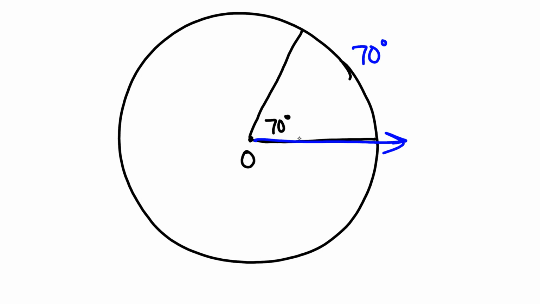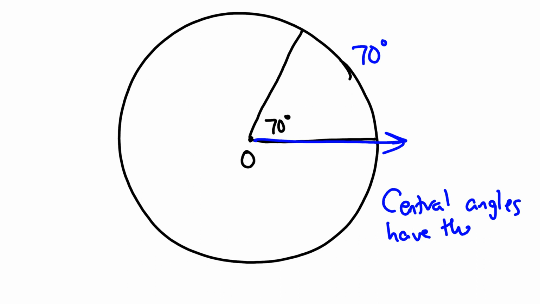There's a linear relationship between central angles and their arcs. So central angles have the same measure as their arcs.